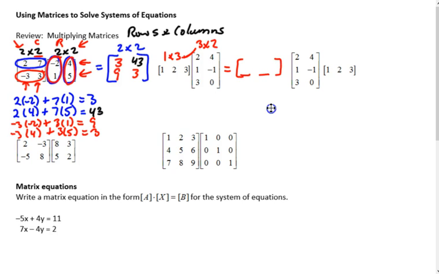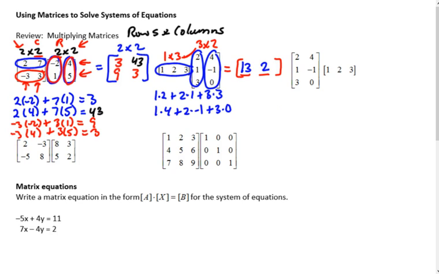The first entry I get by taking this row times this column: 1 times 2 plus 2 times 1 plus 3 times 3. That's 2 plus 2 is 4, plus 9 is 13. Then I do the first row times the second column: 1 times 4 plus 2 times negative 1 plus 3 times 0. That's 4 plus negative 2 plus 0, which is 2. So there's my matrix, which is a 1 by 2.